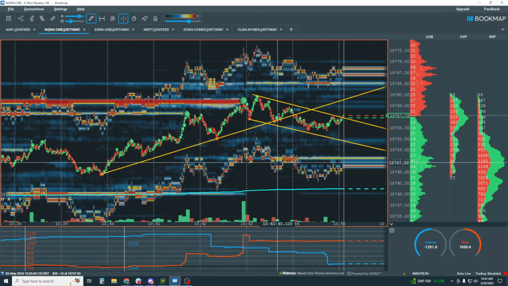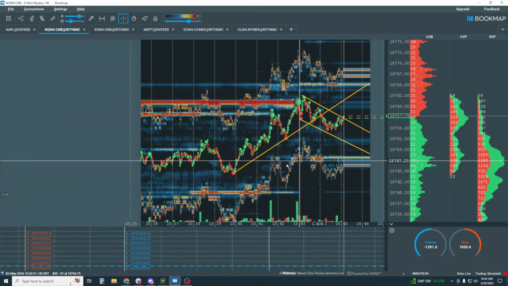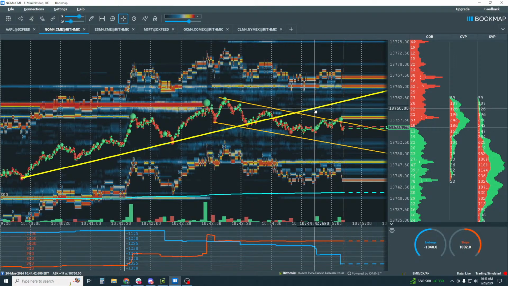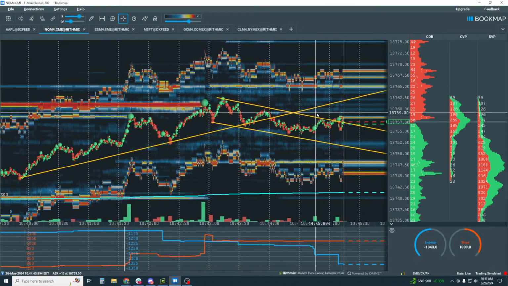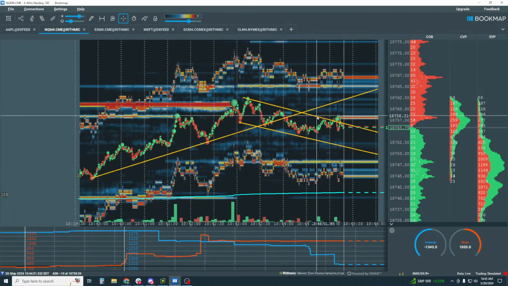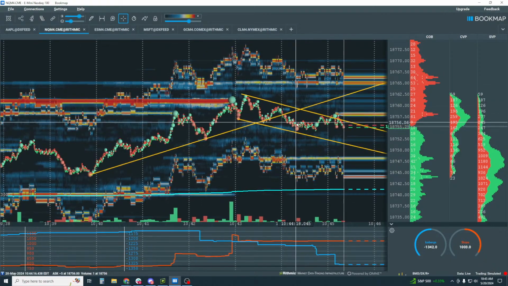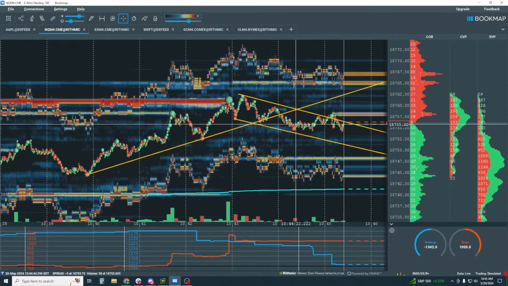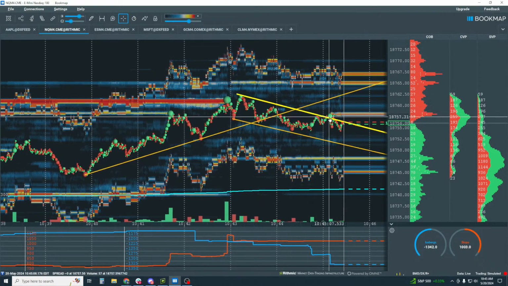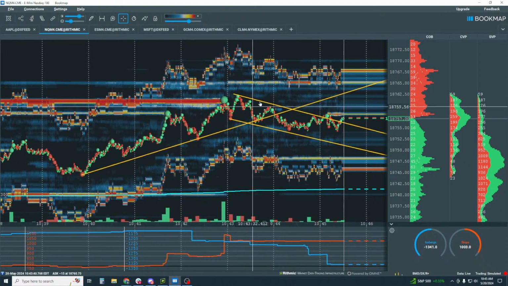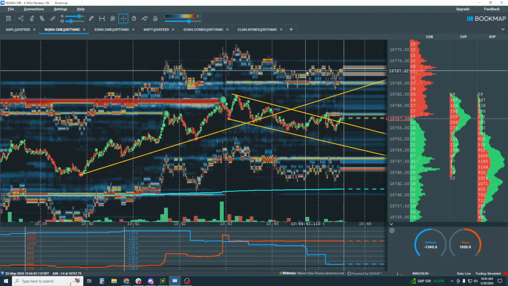It's the same idea also with some of these standard deviations or whatever it might be. It's outside of the average, and you look for fading it outside back into the average, in your VWAP. Here we can see the reaction of traders to some of these areas in a diagonal.